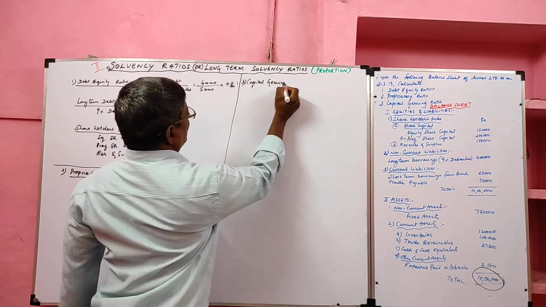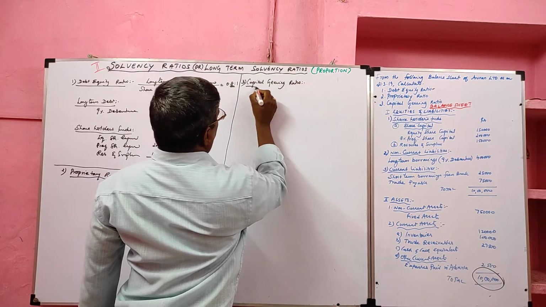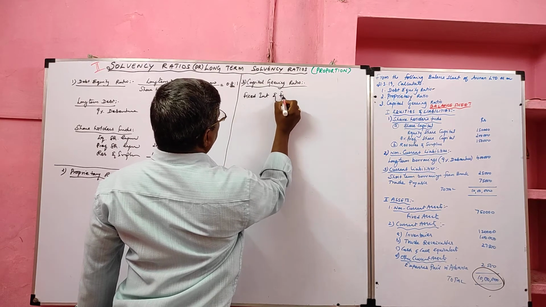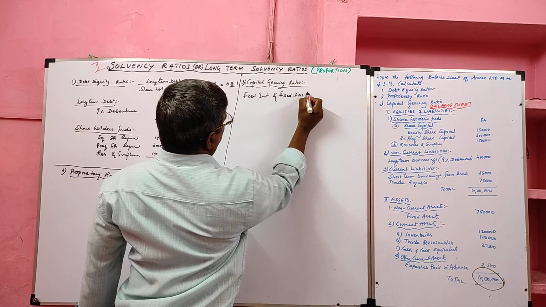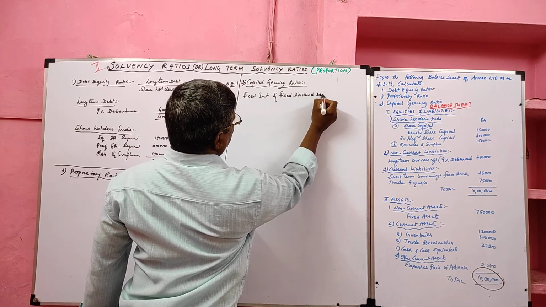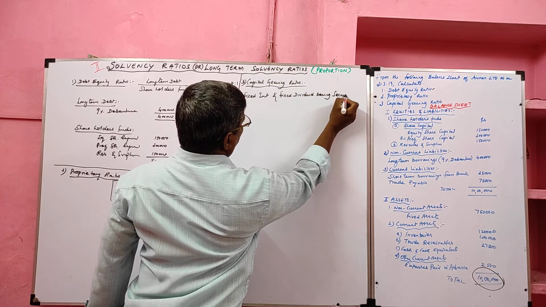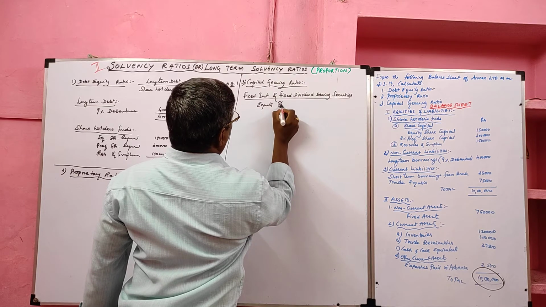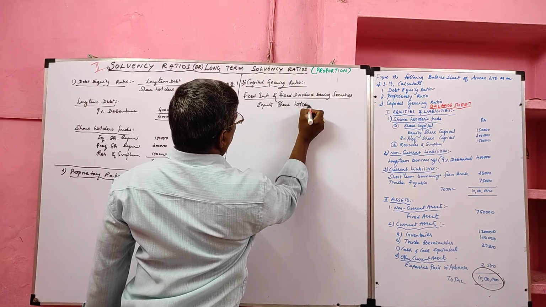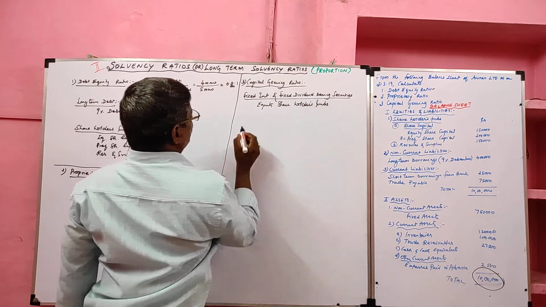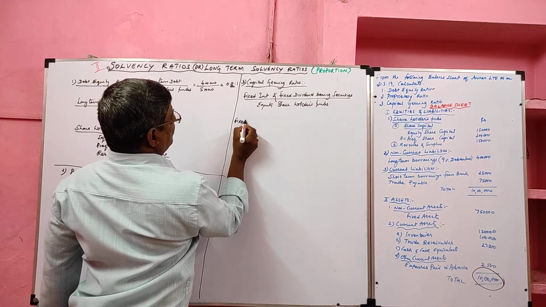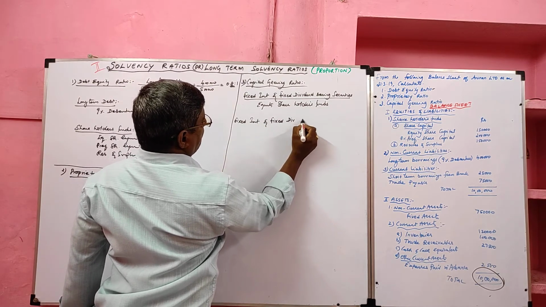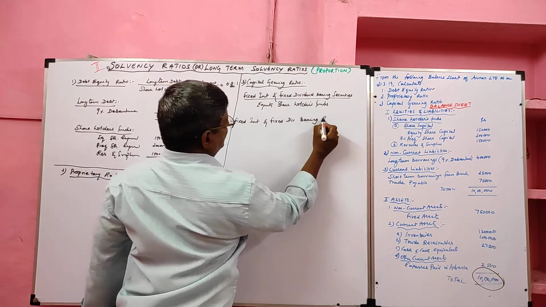Then the third ratio, capital gearing ratio. We know formula: fixed interest and fixed dividend bearing securities divided by equity shareholders funds. First, we have to take the fixed interest and fixed dividend bearing securities.